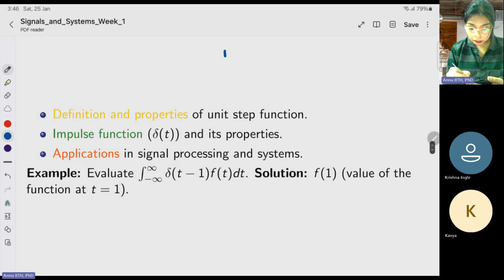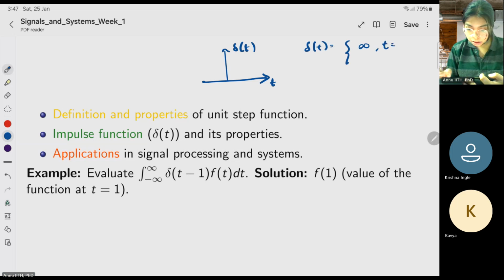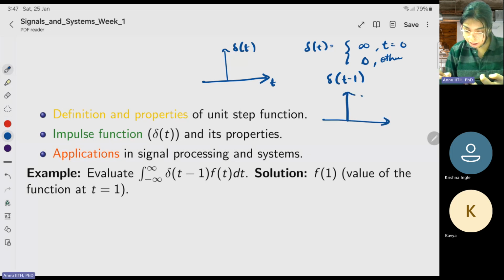If we talk about delta, it is infinity at t equals 0 and zero otherwise. Now if you want to shift to delta of t minus 1, how will it look? Since it is a delayed version, it is infinity at t equals 1, and 0 otherwise.